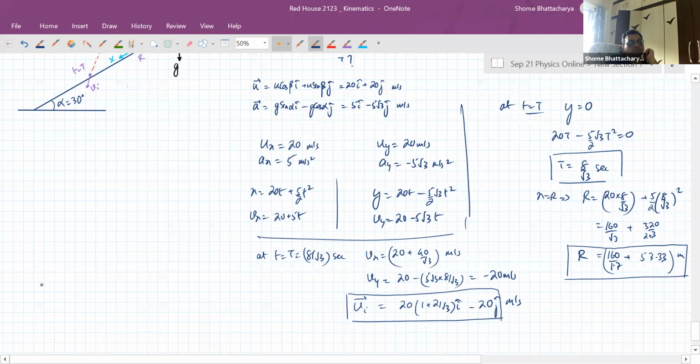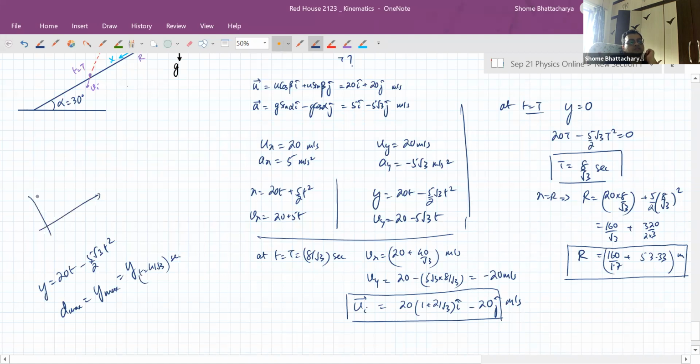And now we have y as a function of time, which we've already written before: 20t minus 5 by 2 root 3 t square. So d max is basically y is maxima, which will be the value of y at t equal to 4 by root 3 seconds, because at 8 by root 3 it is becoming 0.